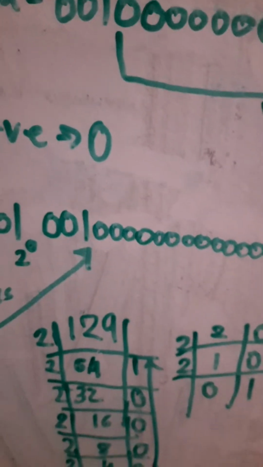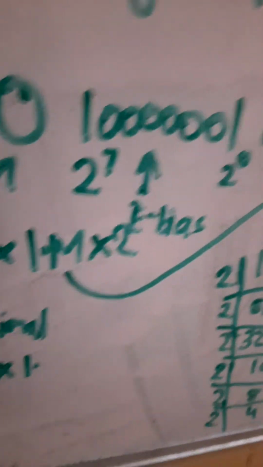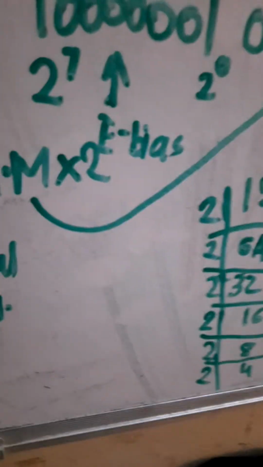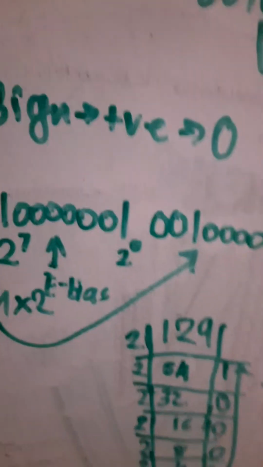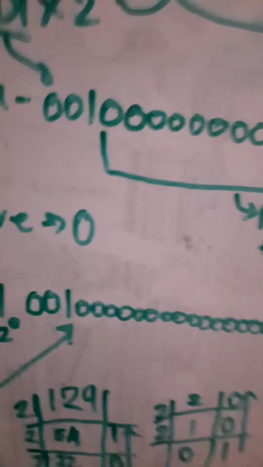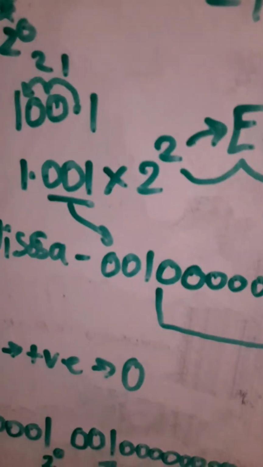And yeah, exponent is a headache. We have to convert it into decimal and reduce it from the bias, which is our 127 obviously. So what we do here is 1 point m, right? We already know the mantissa is 001 and we converted it into this.